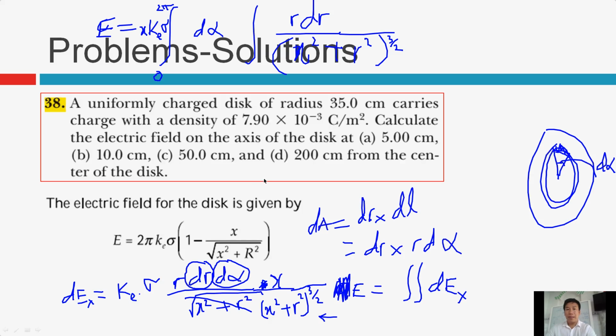And it's very easy when you determine R. It goes from 0 to a, where a is the radius of the disk. So this interval is not hard for you to find, and you can do it at home.